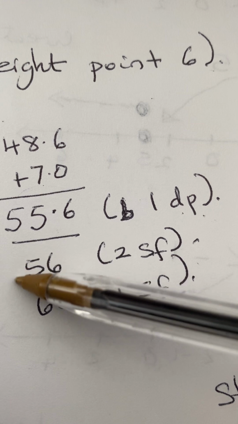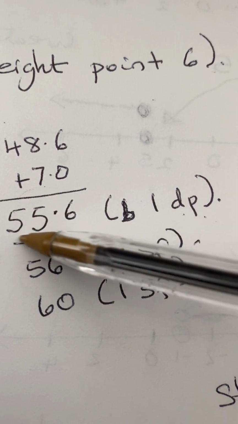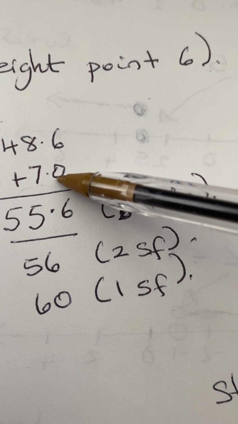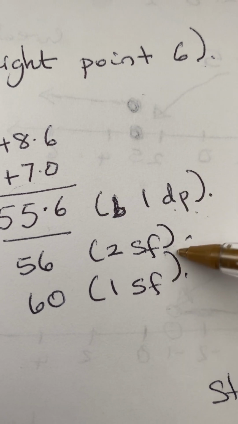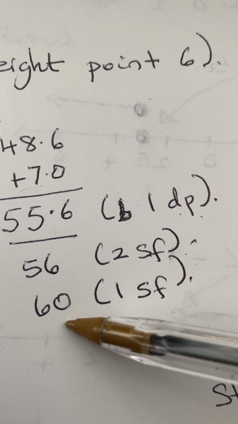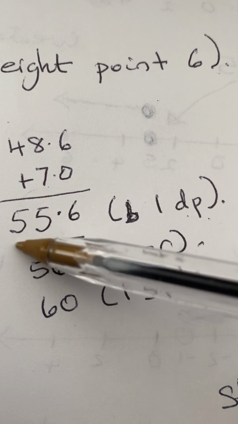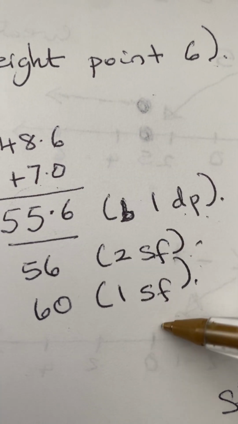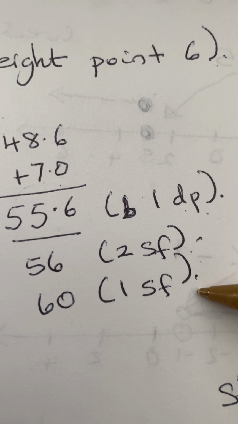55.6 is to one decimal place. Now 56 from 55.6 is two significant figures. 60 from 55.6 is one significant figure.